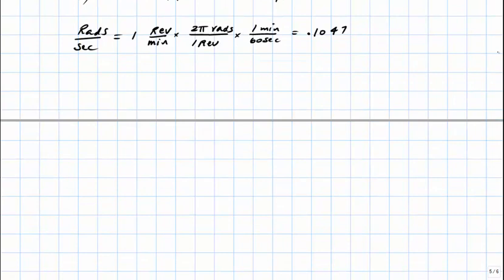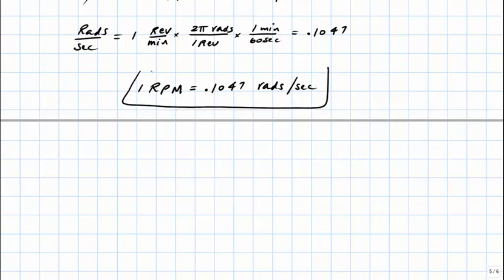Therefore, 1 RPM simply equals 0.1047 radians per second. And this is a very useful conversion that we can rely on any time angular velocity is expressed in terms of revolutions per minute.